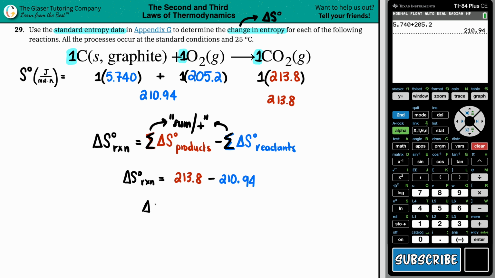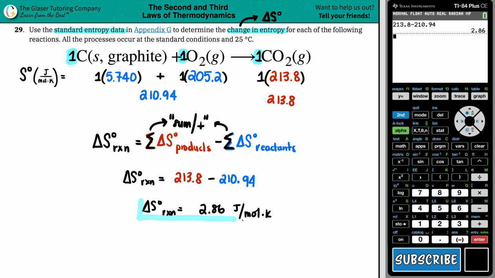Delta S for the whole entire reaction is 213.8 minus 210.94. And there you go. 2.86. And the units for the delta S is joules per mole times Kelvin. So J per mole times Kelvin, right?